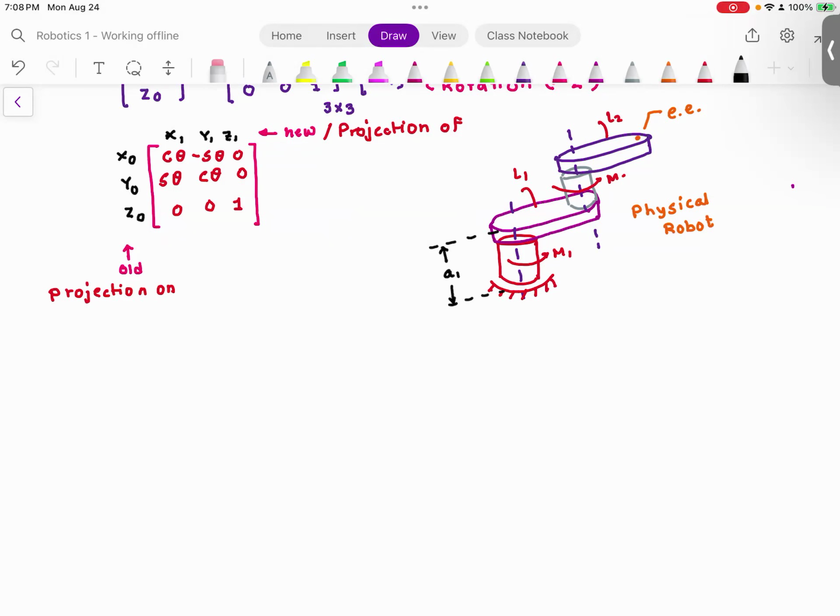This distance, center line to center line, is A1. This distance is A2. This distance is A3. And this distance, center line to center line, is A4.